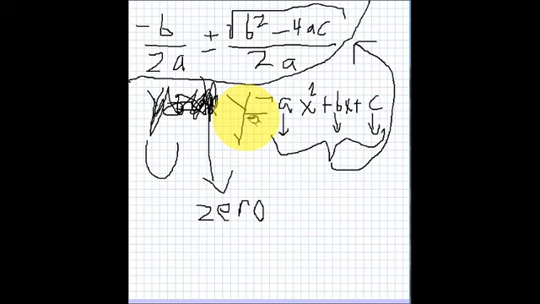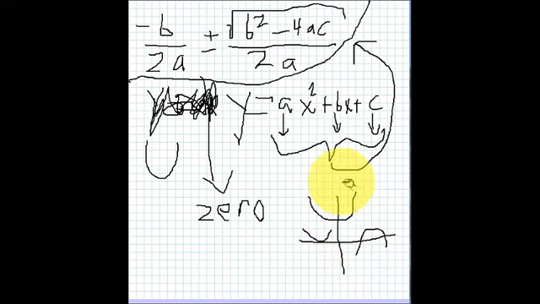So again, like I said before, because a quadratic, meaning a second degree polynomial, is going to have a shape of this, or maybe this, or maybe this. One of these, not all of these. So it could have no zeros, it could have 1 zero, or it could have 2 zeros.